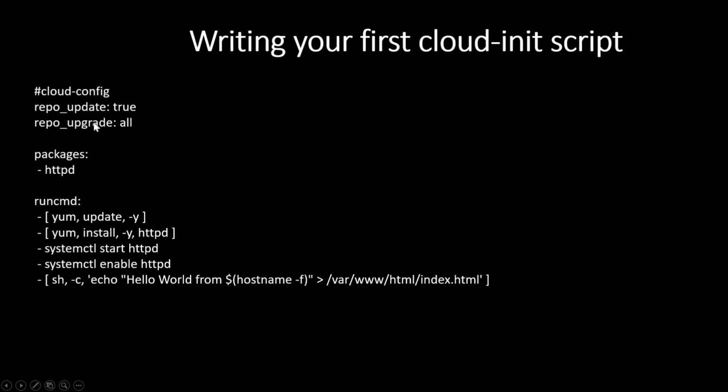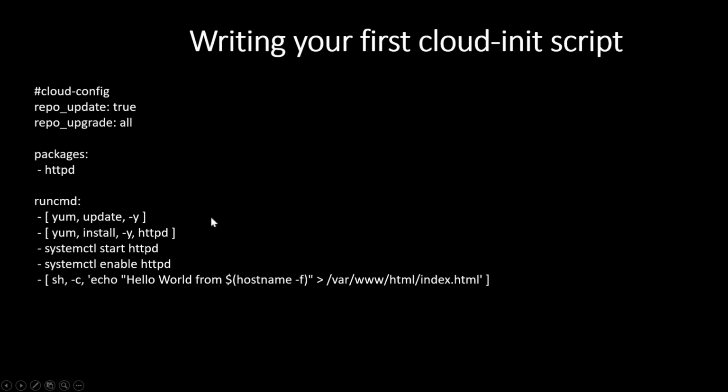This line tells the package manager to upgrade all installed packages to their latest versions. And this line, packages, specifies the list of packages to install. In our case we are installing HTTPD. And these are the commands to run, like we did in our last example. These are the same commands but in a different format, in YAML format, which is for this Cloud-init script.